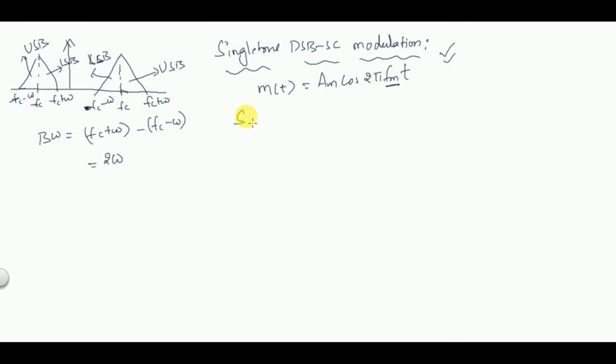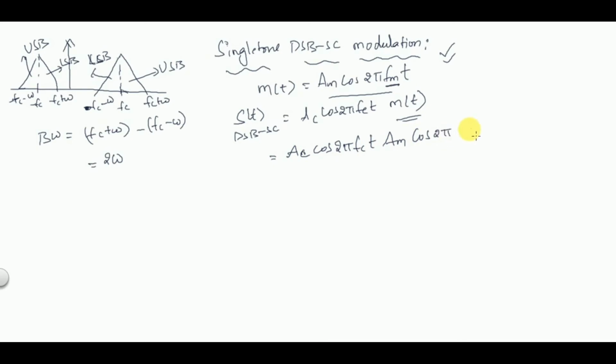So s(t) of DSBSC is Ac cos 2πfct times m(t). Substituting m(t), we get Ac cos 2πfct times Am cos 2πfm t, which is Ac Am/2 times 2 cos 2πfct cos 2πfm t; I have multiplied and divided by 2.